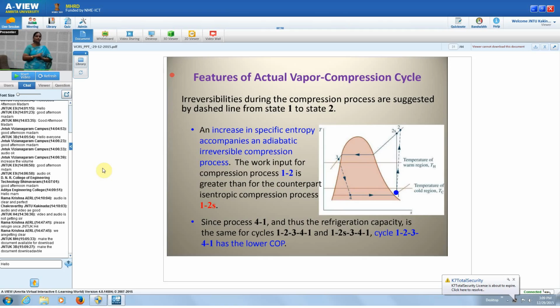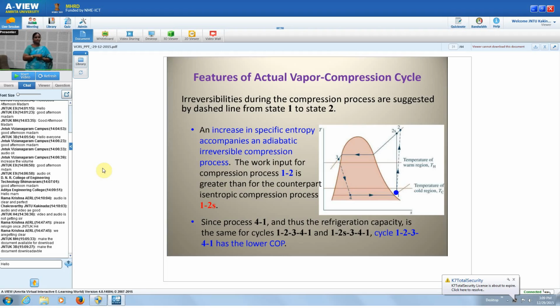Due to polytropic compression, there is always an increase in the specific entropy. So instead of S constant, S increases from 1 to 2. So isentropic efficiency plays a vital role for the compressor discharge temperature.